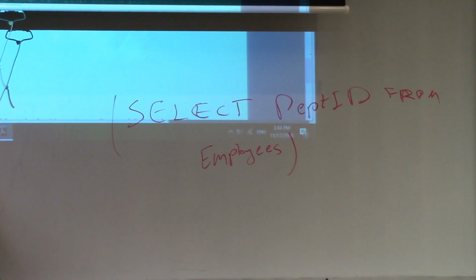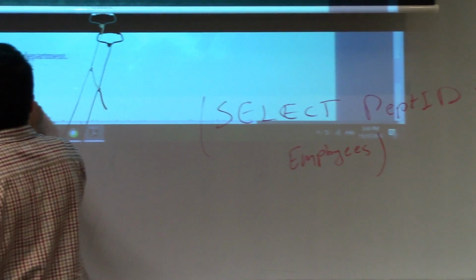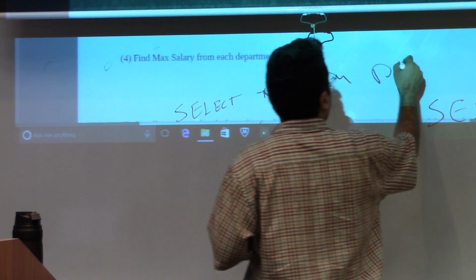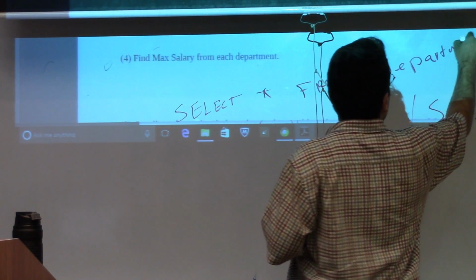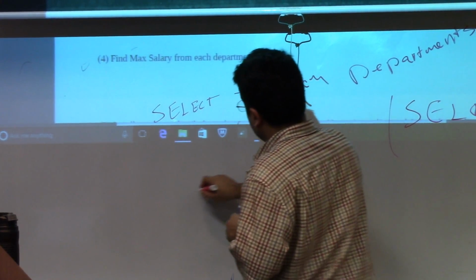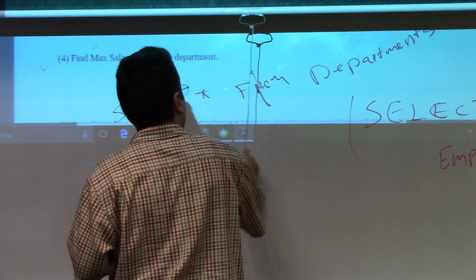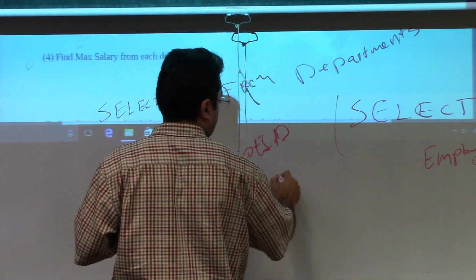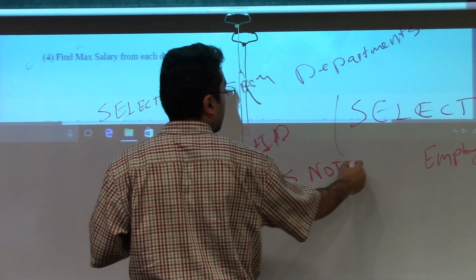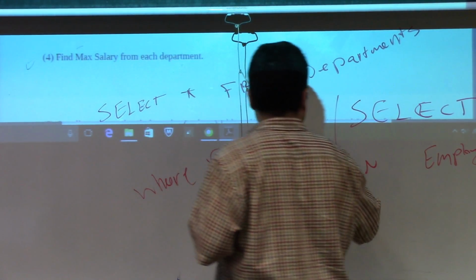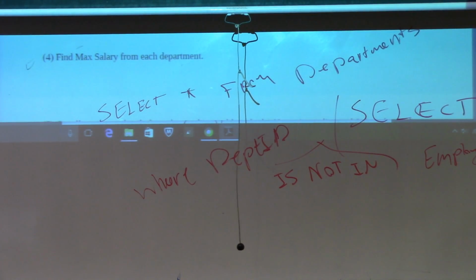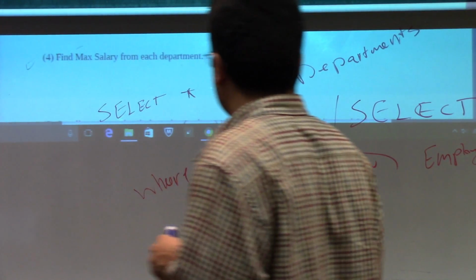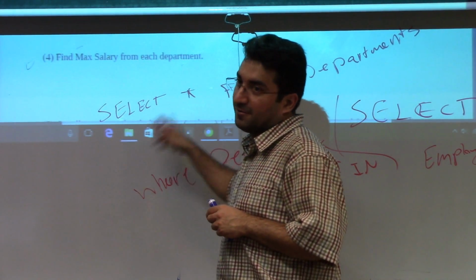Now select star from departments where department ID is not in this. Is that correct? We also need the department name, so with the star, select everything.